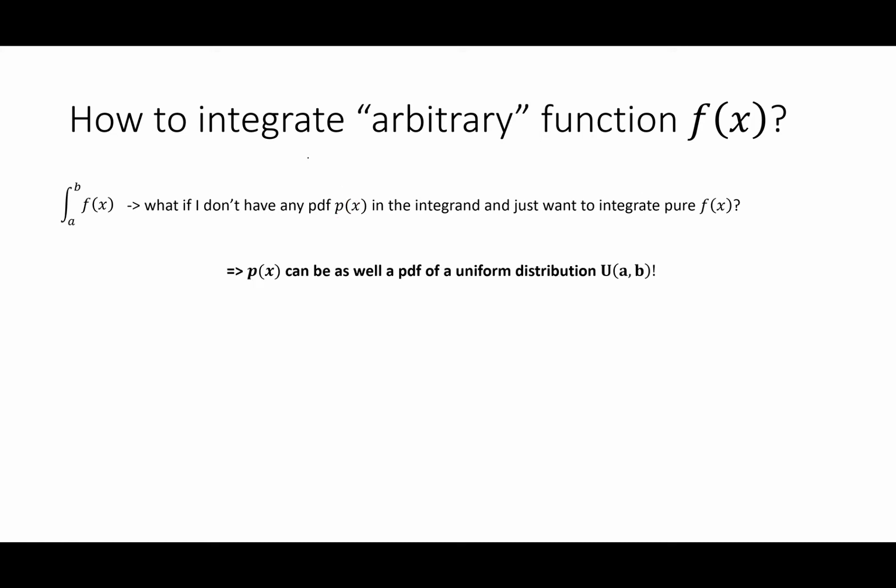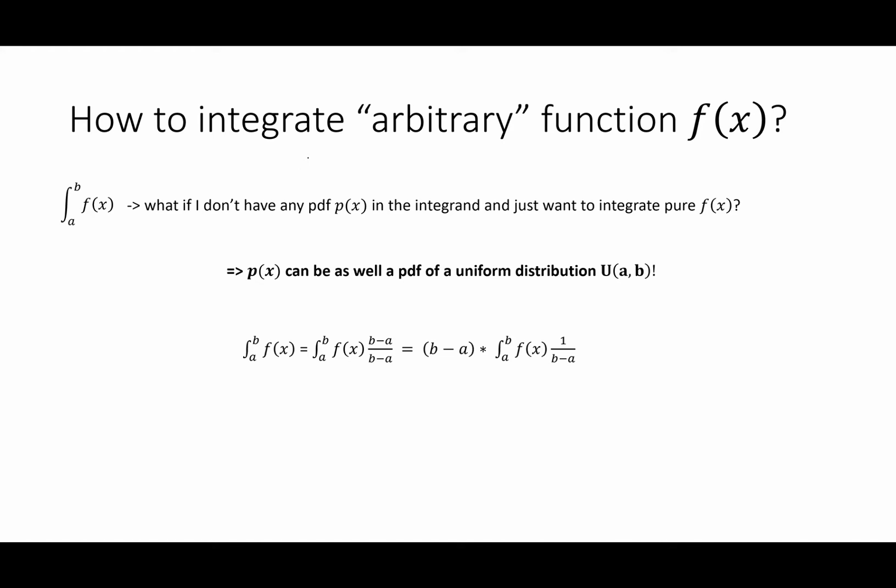And the answer is that you can actually use it, because p of x can as well be the probability density function of a uniform distribution. Therefore, if we write it down, you have this integral, and you can multiply it by 1, which in our case is b minus a over b minus a.